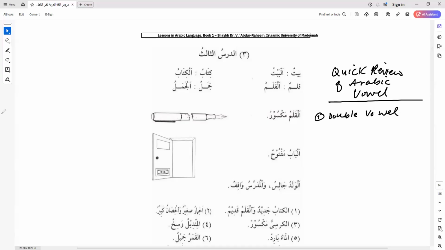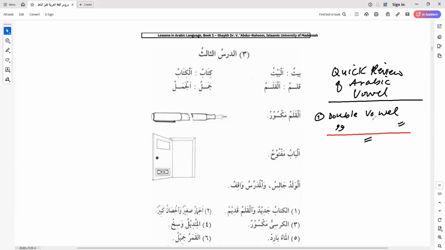Let's say I have a straight line here. Let's look at the double vowels. This we call fathatain, this is kasratain, and this is dammatain.